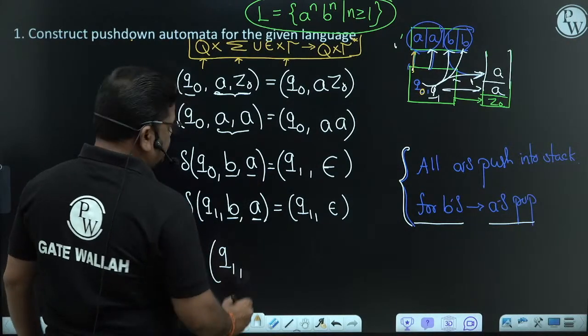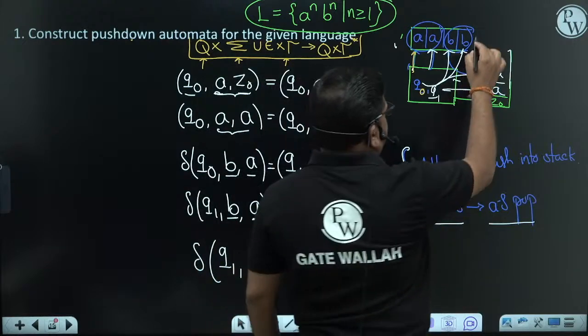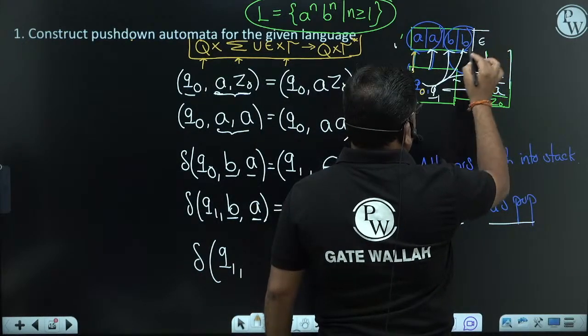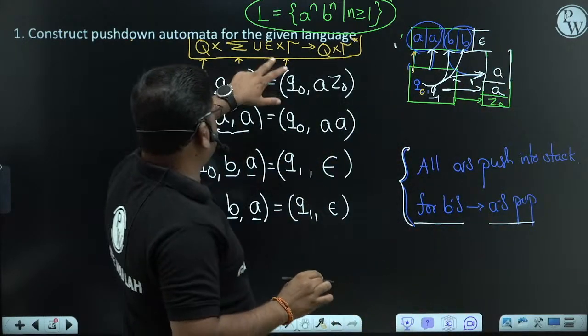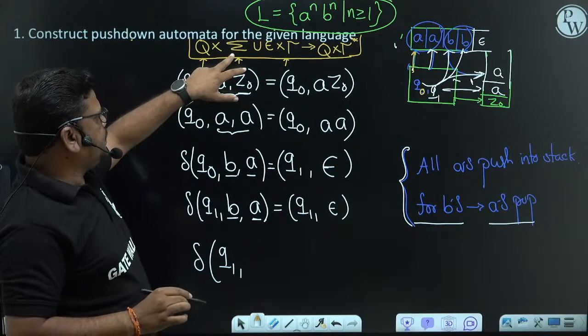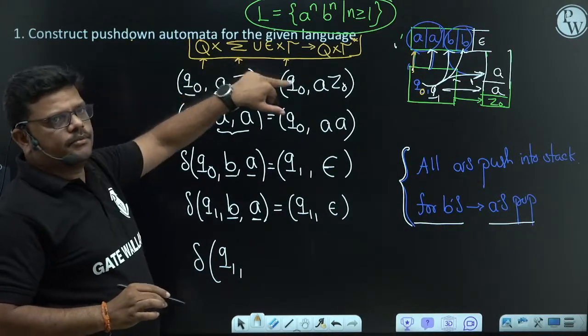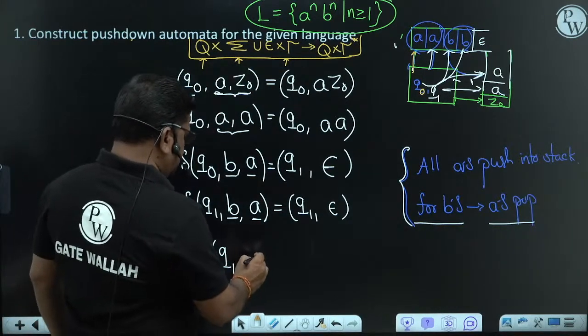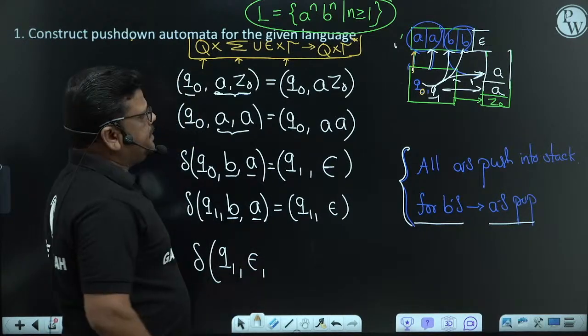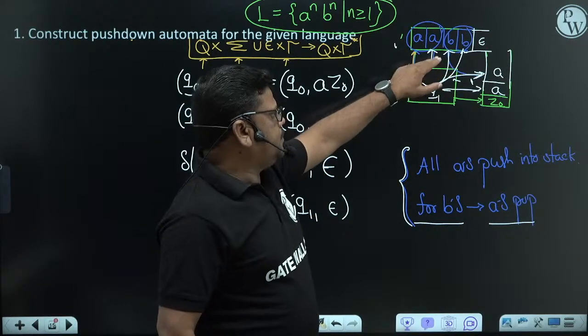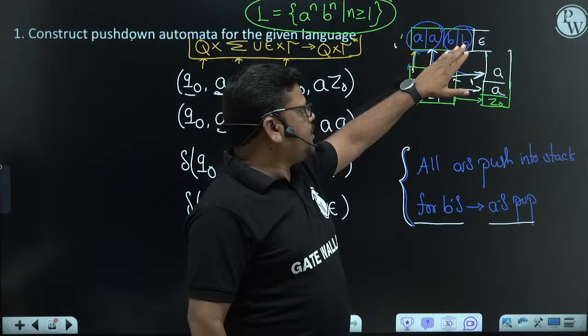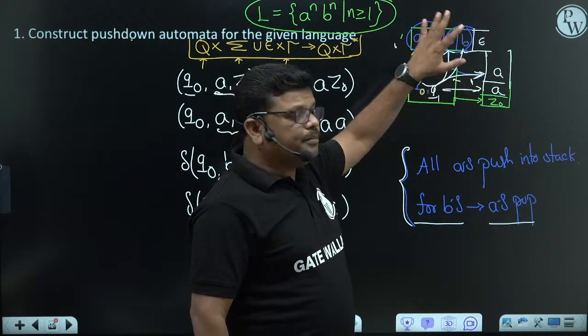Whenever I am in Q0, if sometimes the string is ended, we'll read epsilon. So that is this epsilon. From the input, sometimes we'll read a symbol, sometimes epsilon. We are reading B. For 1B, 1A pop out. Like this, B's are ended.